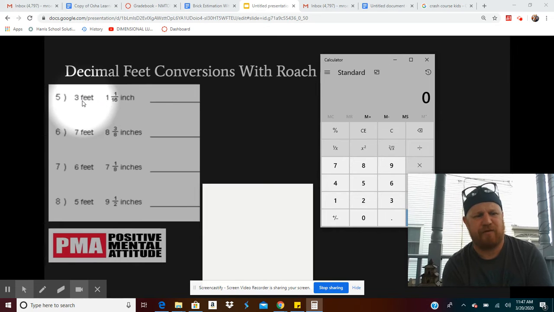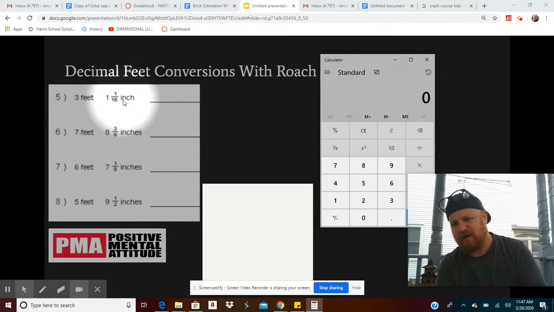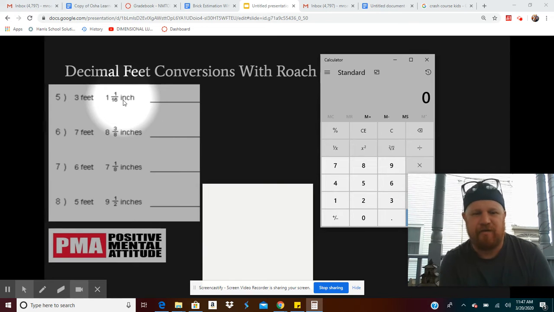We could easily put 3 feet in a calculator, but we can't just put that 1 and 1/16 in normally. A lot of you first and second session students started to get involved in converting things into decimal form. So I'm going to quickly go over how to do these four equations on the right, the easiest way that I know how.